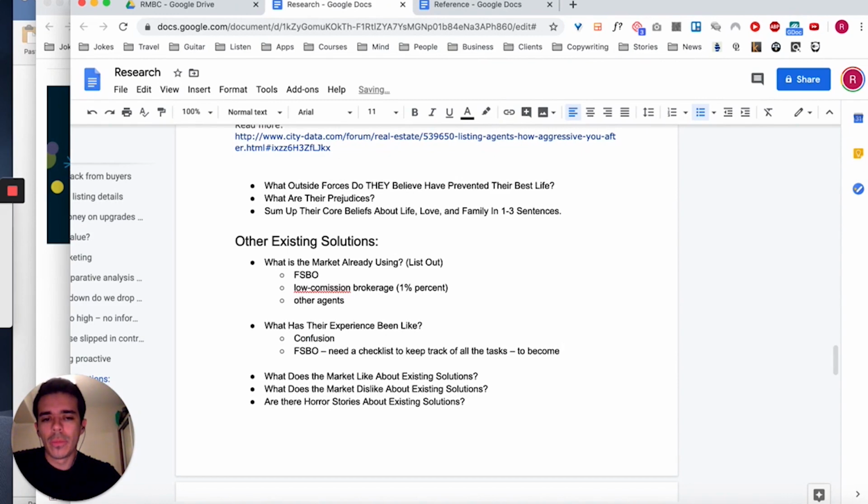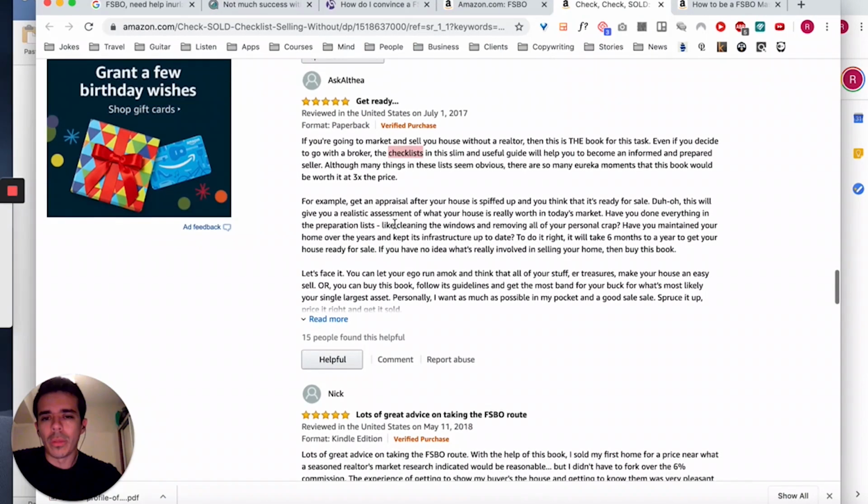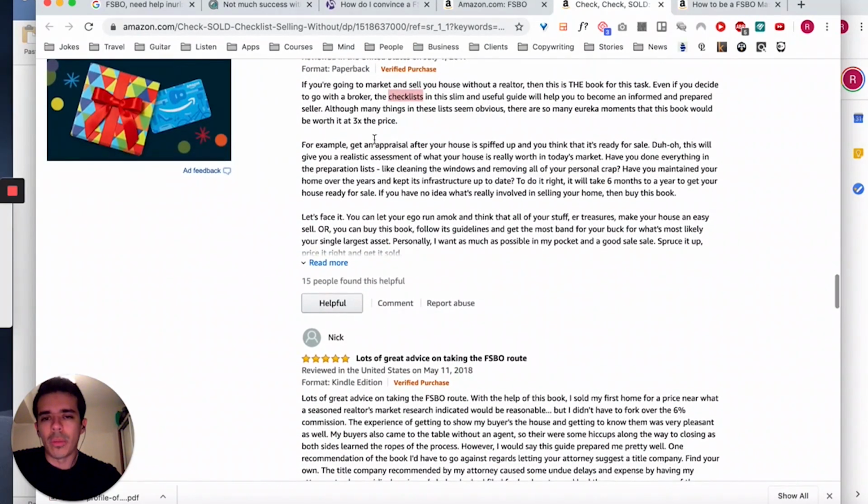Although many things in this list seem obvious, there are many eureka moments that this book would be worth 3 times the price. For example, get an appraisal.